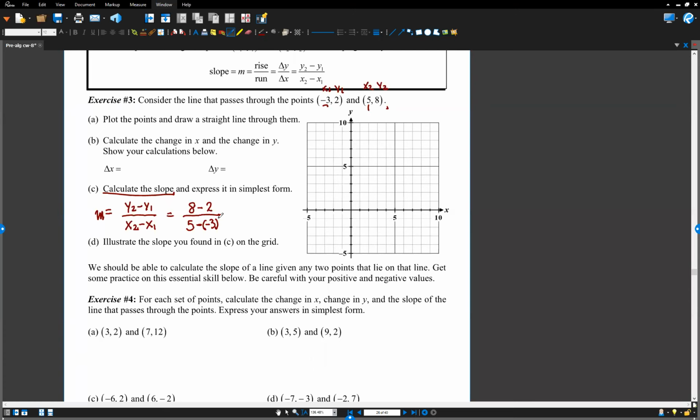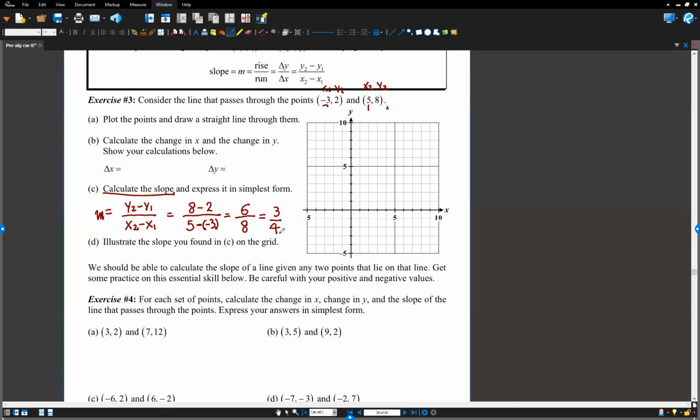That is the change in x. Now simplify this one. 8 minus 2 is how much? 6. 5 minus -3 is how much? Plus 8, that is 8. When you simplify, that is 3/4, isn't it? That's the slope. The y-intercept is later. Just how we got the slope.